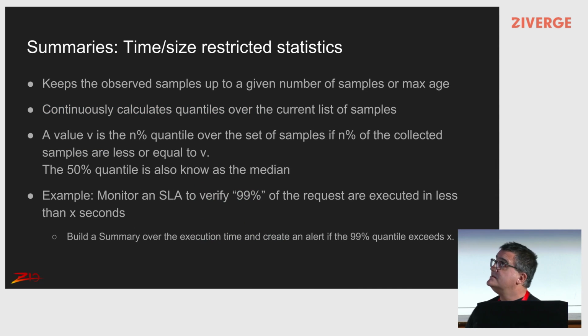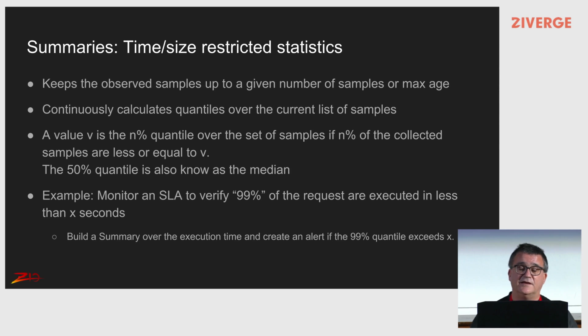Then we have another group, which is the summaries. A summary is a collection of samples that is restricted over time or in terms of size, whichever matches first. For example, you could define a summary saying, I want only the samples over the last hour or 24 hours, but at most 100 samples. What summaries actually give us is an observation for quantiles.